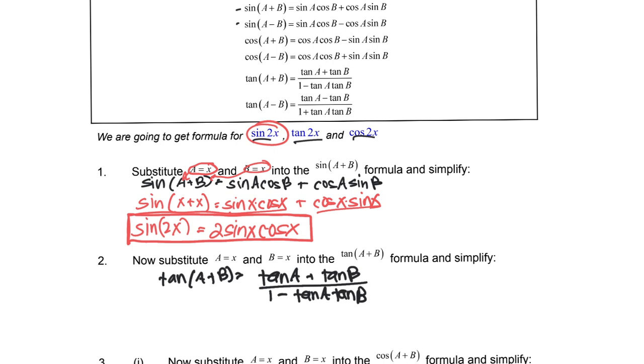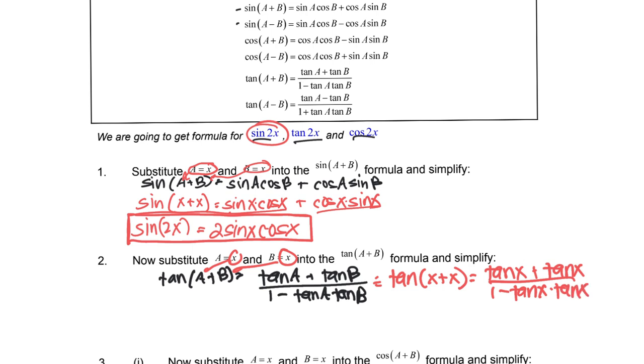And again, we're going to substitute x in for a and x in for b. So when I rewrite it, we get tan of x plus x is tangent x plus tangent x divided by 1 minus tangent x times tangent x. And to simplify everything, x plus x is just 2x, so tangent of 2x, our double angle tangent formula.